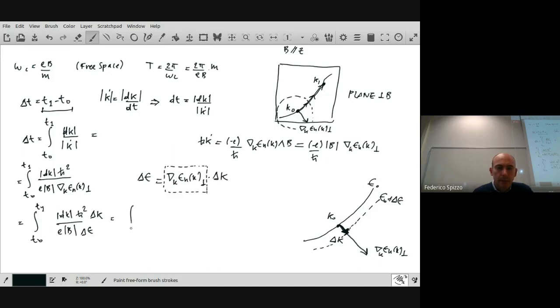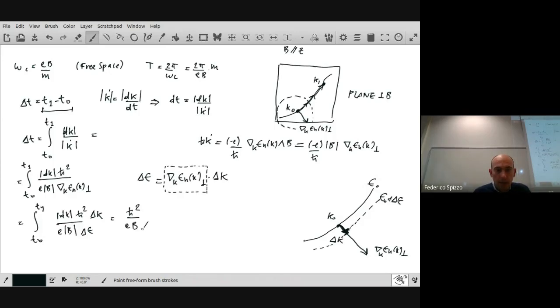At this point, I may take out of the integral all the constants. So I have h bar squared over EB, and also delta E is out of the integral, because delta E is just the energy difference between the initial surface and the second surface.